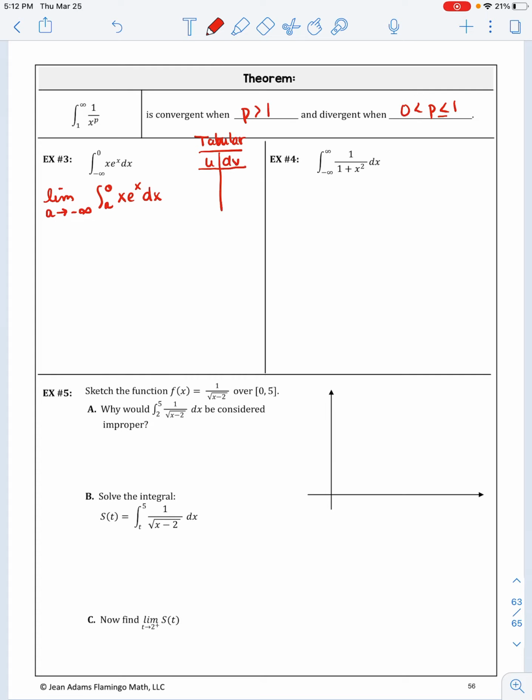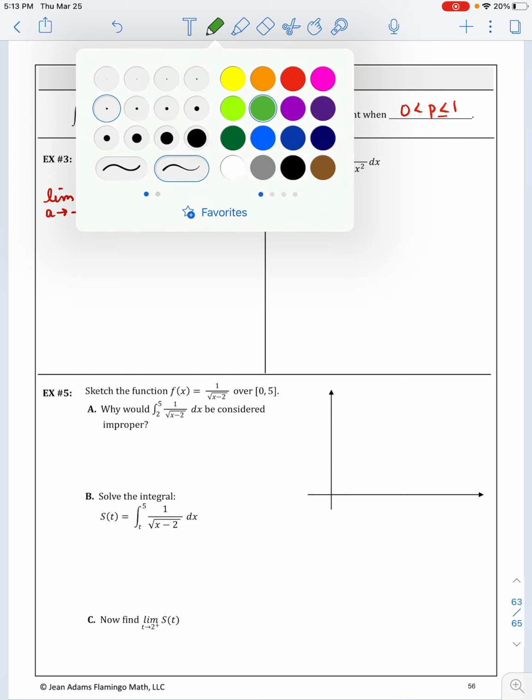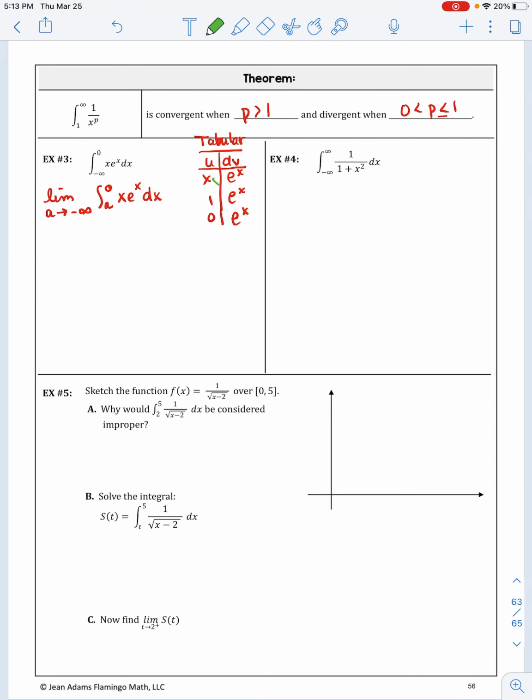So I've got my u and my dv, x, 1, 0, and dv is just e to the x every single time. And remember, this times this times this one gets multiplied also by positive 1. This one also then gets multiplied by negative 1.